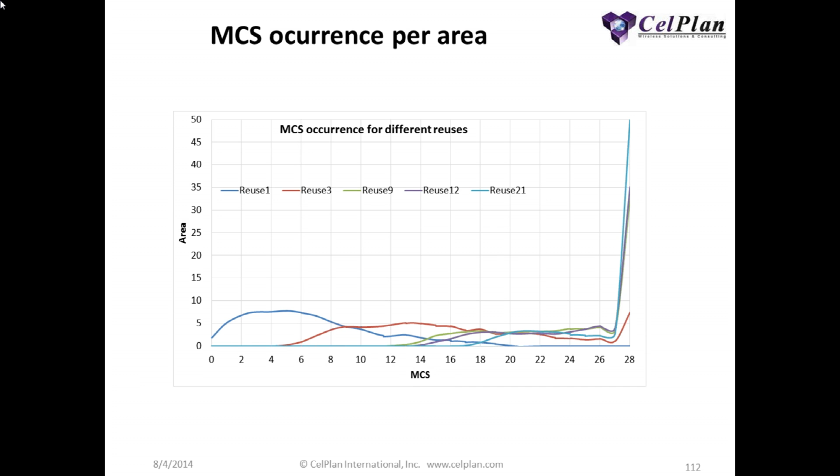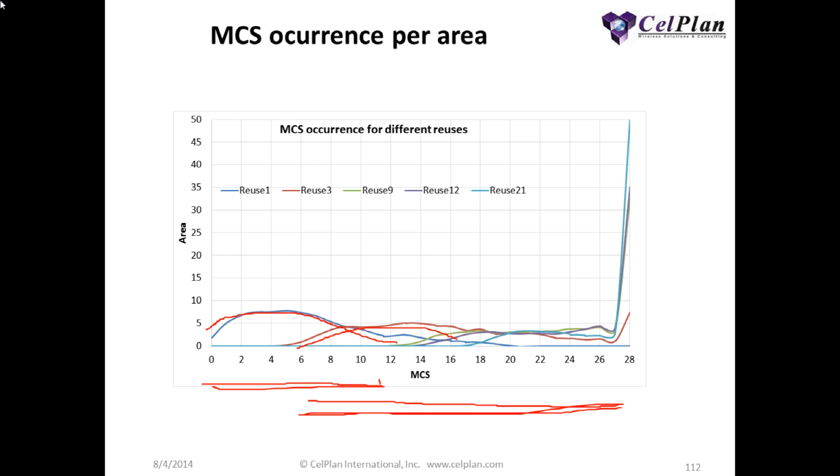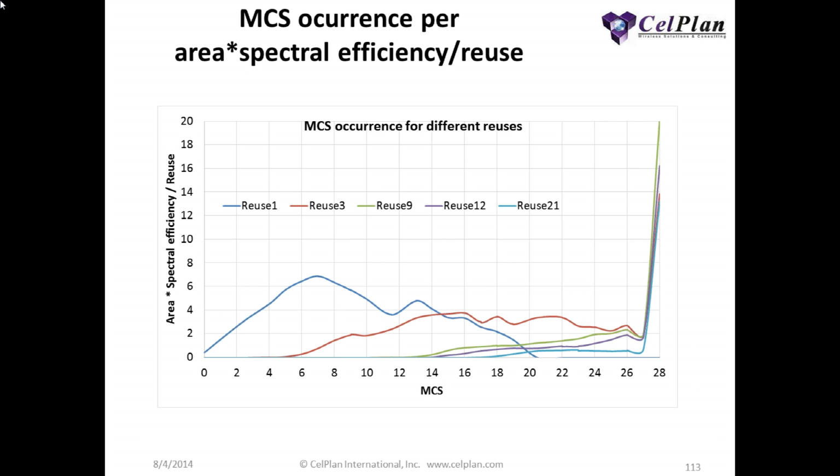So here is the MCS occurrence per area. You can see here reuse 1 and here reuse 3. So the MCS used mainly in reuse 1 goes up to 10, while reuse 3 starts at 6 and goes all the way to 26. So basically here you never will have 64 QAM in reuse 1, or nearly never.